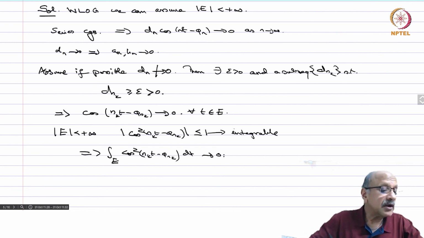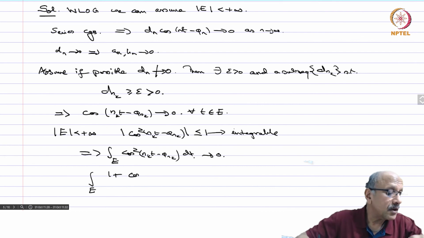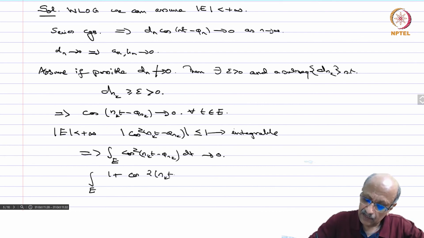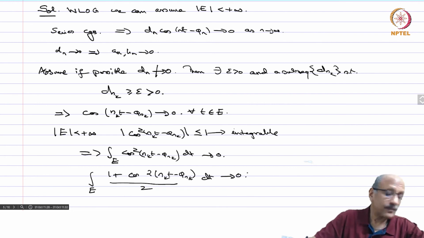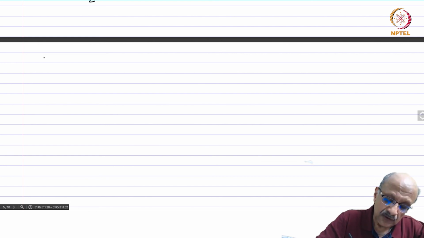So that is, the integral over E of (1 plus cos 2(nkt minus phi nk))/2 dt goes to 0. So let us look at this cos 2(nkt minus phi nk) integral dt over E.